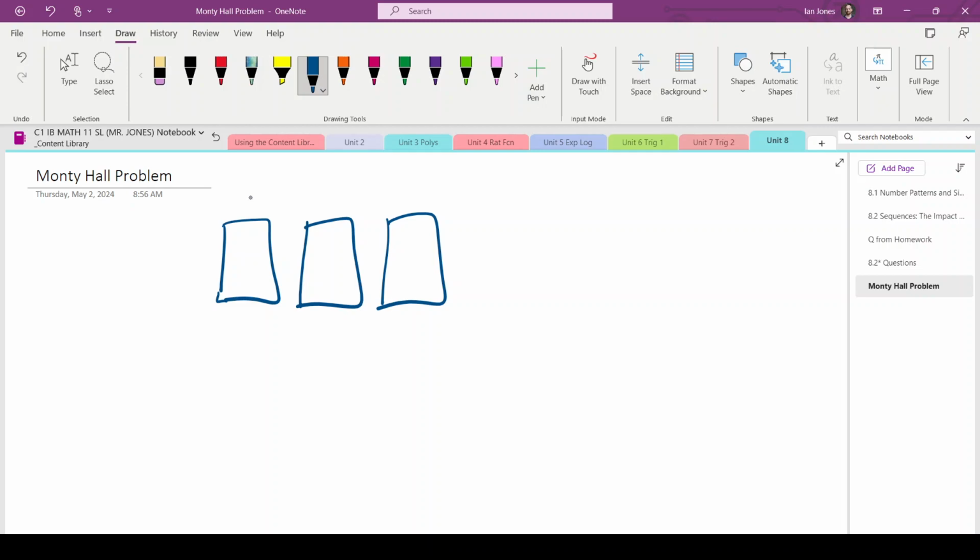First of all, let's suppose it's car, goat, goat, and you pick car. Obviously, Monty has a door with a goat to choose and open up. If it was car, goat, goat, and you choose this one, Monty will open up this door to show you a goat. And if you choose the last one, Monty will open up this door to show you a goat. So no matter what you choose, Monty Hall will be able to open up one door with a goat. All right, so that's out of the way.